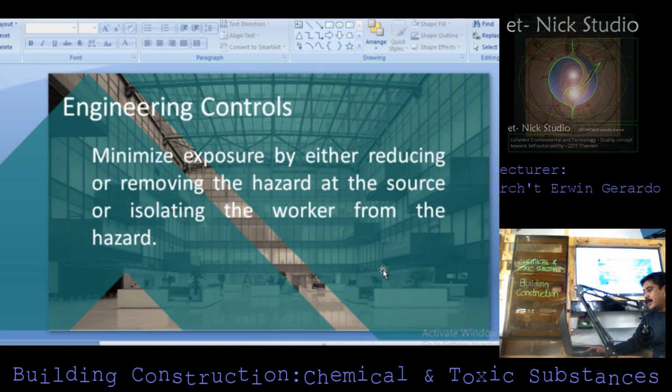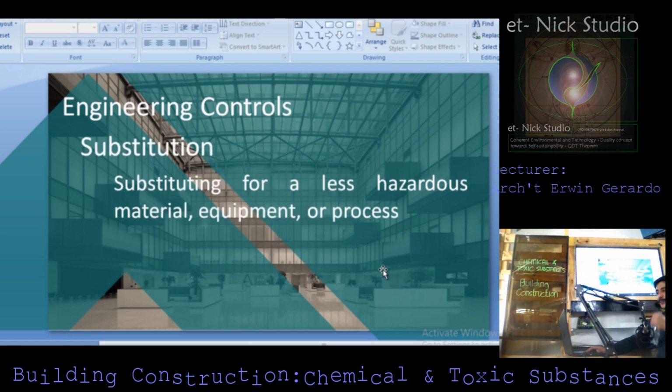Control measures. Engineering controls minimize exposure by either reducing or removing the hazard at the source or isolating the worker from the hazard. Engineering controls: substitution. Substituting a less hazardous material, equipment, or process.